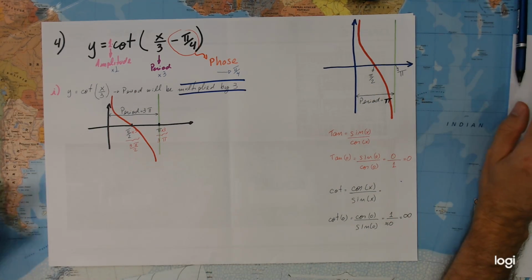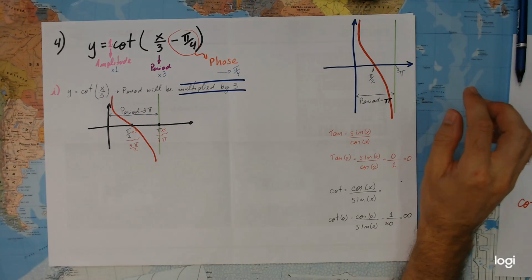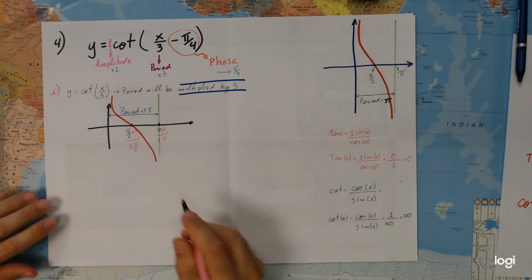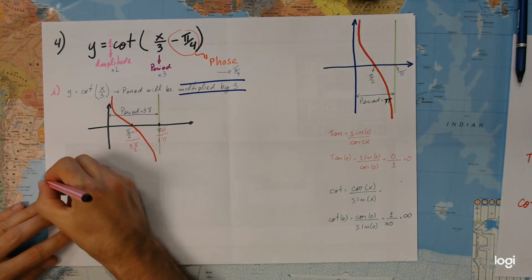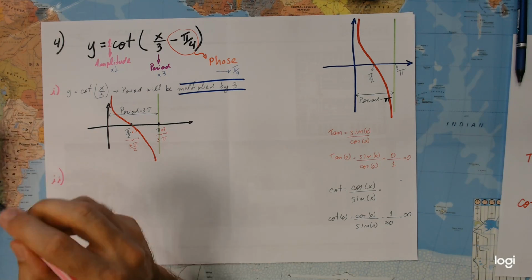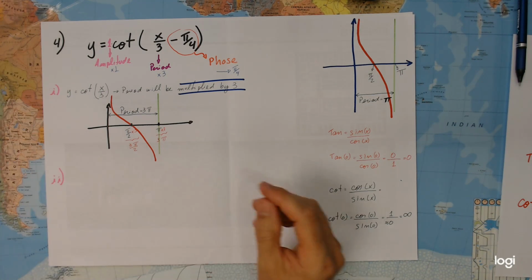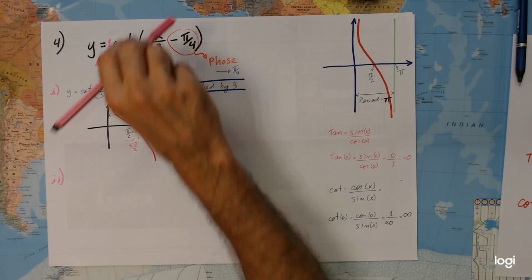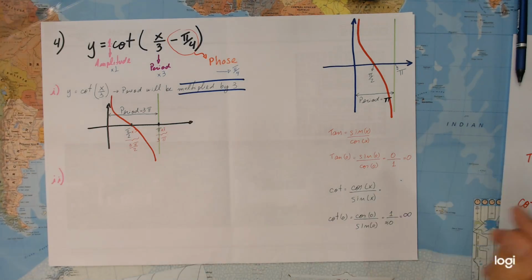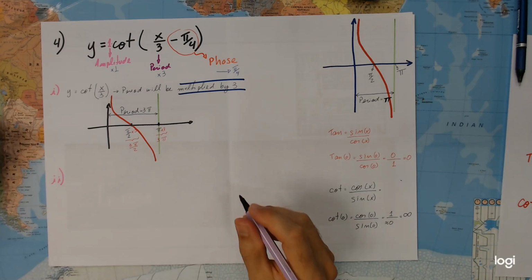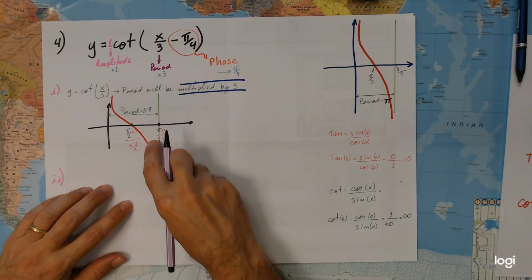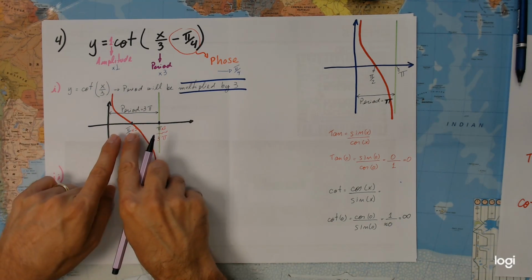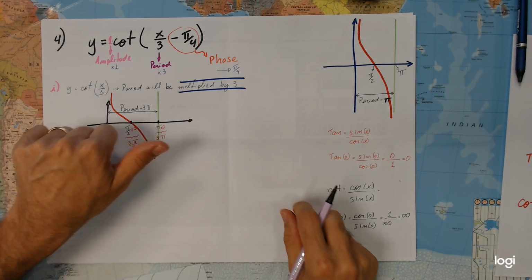But remember that this time we're going to do it in steps. We did not consider the phase shift yet. Now let's consider the phase shift. What is going on when you consider the phase shift? We're going to move this exactly pi over 4 to the right.